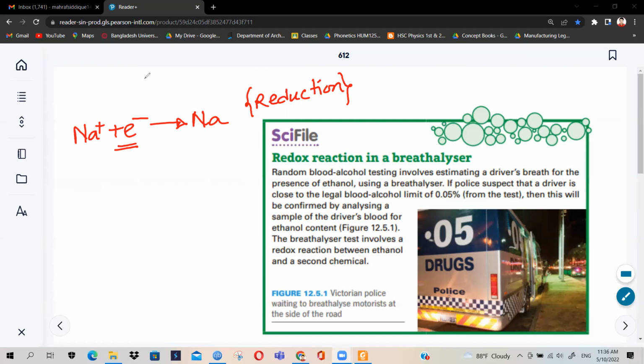Obviously, if there is a reduction process, there has to be an agent, right? Other than that, it won't work. So do you think there is an oxidating agent or a reducing agent?